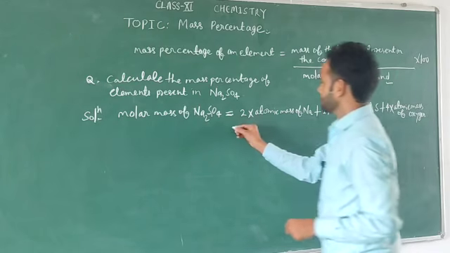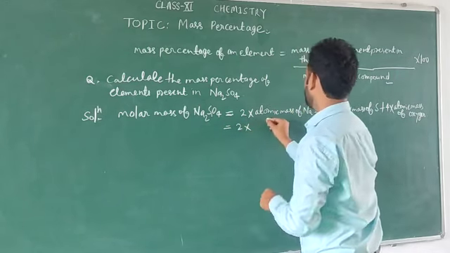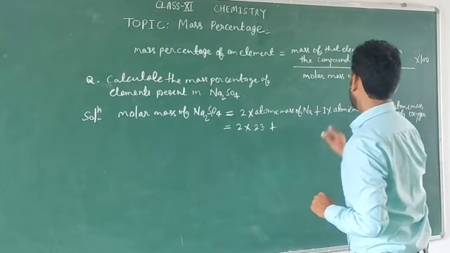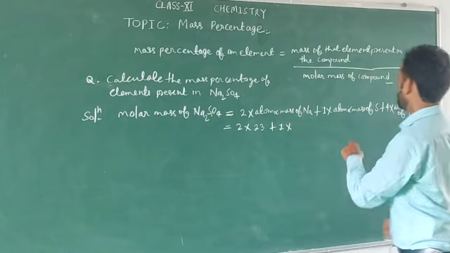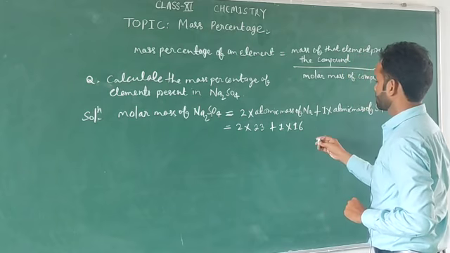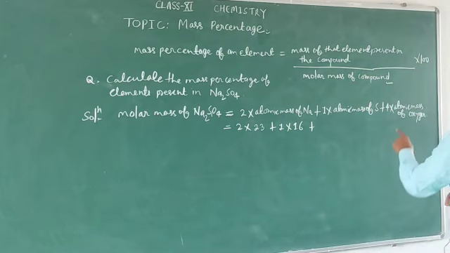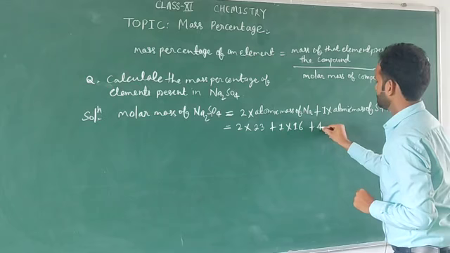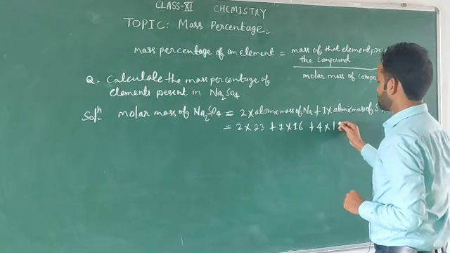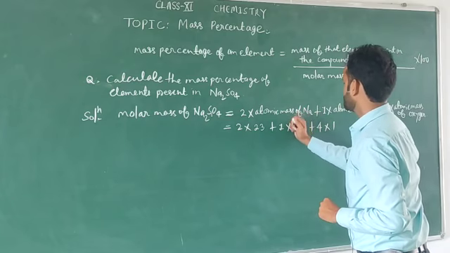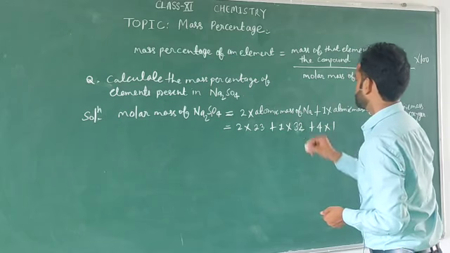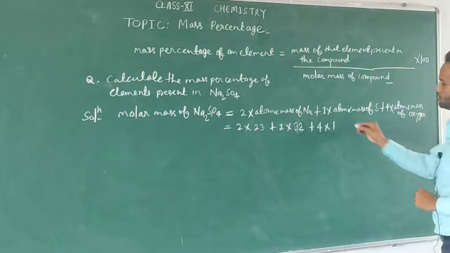So let's calculate. 2 times the atomic mass of sodium, which is 23, plus 1 times the atomic mass of sulfur, which is actually 32, plus 4 times the atomic mass of oxygen, which is 16.